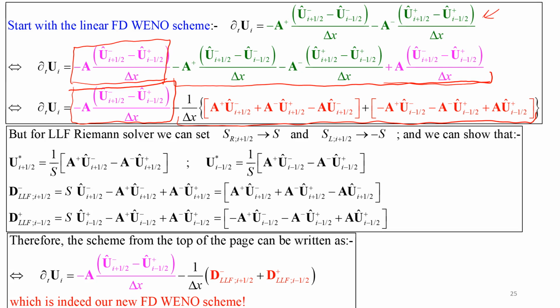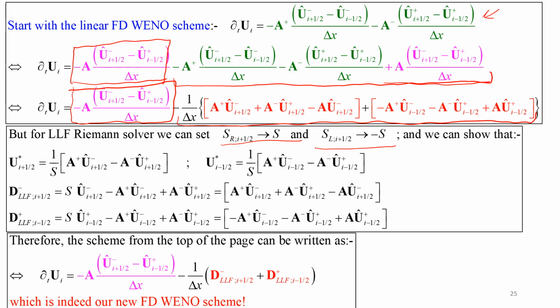Notice that I have explicit expressions for the fluctuation terms, at least in the limit where A is a constant matrix, and I'm using an LLF Riemann solver so that I put my extremal right-going speed to be S and my extremal left-going speed to be minus S, where S is your spectral radius.